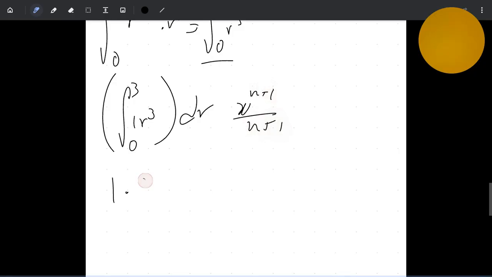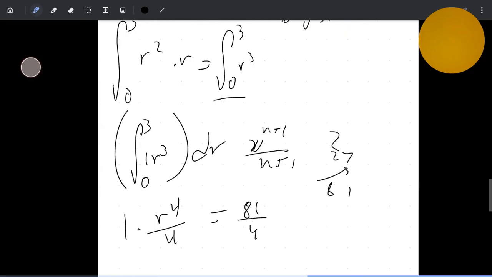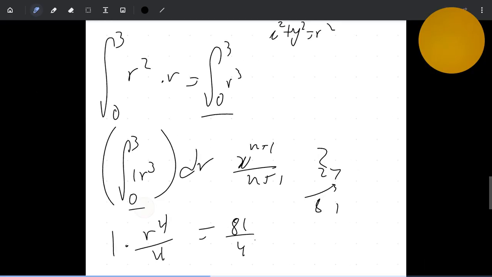So that would be r to the 4 over 4. That would be 27 multiplied with 3, 81, 81 over 4. So since the lower limit is 0, it would just be 0.